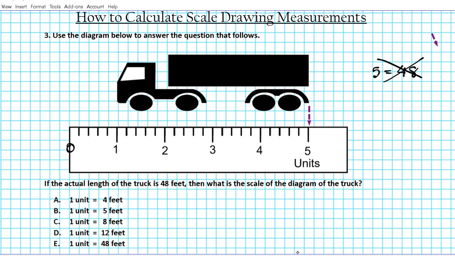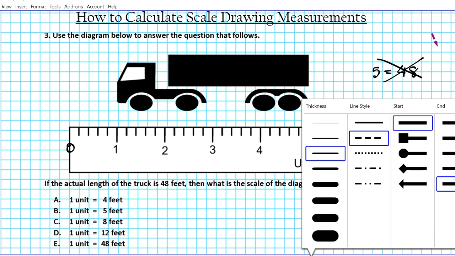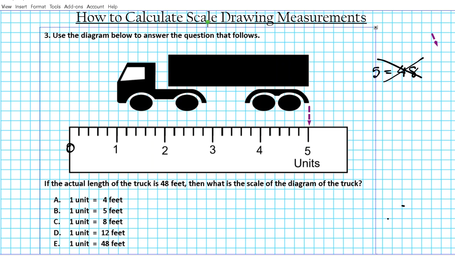Well, what's the correct approach? Well, that's the back of the truck. When you're using scale drawing, you want to make sure that you align not just the back of the truck, but you also want to align the front of the truck. So let's go ahead and do that. If we want to align the front of the truck, you notice that the front of the truck lines up with the 1 unit mark on the ruler.